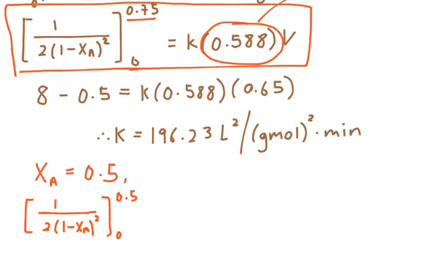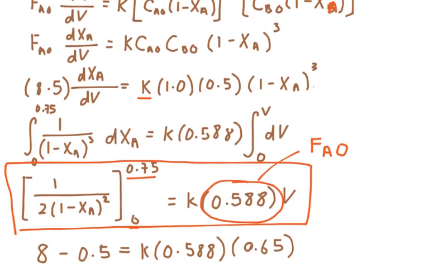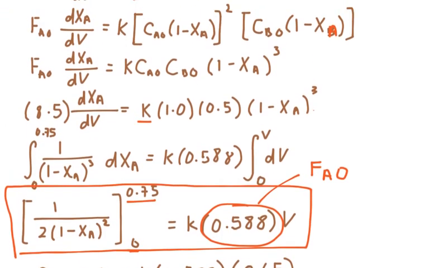So essentially, the same equation can be applied, but the conversion now becomes 0.5, equal to k, whose value is what we have already found, which is 196.23. So we can just put it into the equation. And then remember, this term 0.588 consists of the 1.0, 0.5, as well as when it's divided by FA naught.